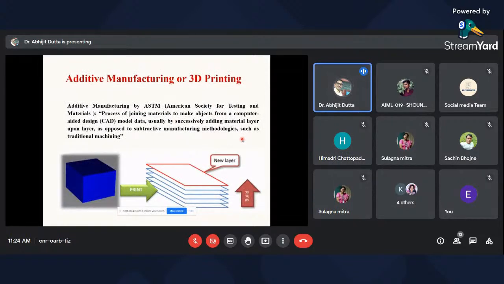CAD means a 3D computerized design model that is sent to the 3D printer, and layer by layer is deposited to build the height. You can see in the figure how additive manufacturing or 3D printing takes place.